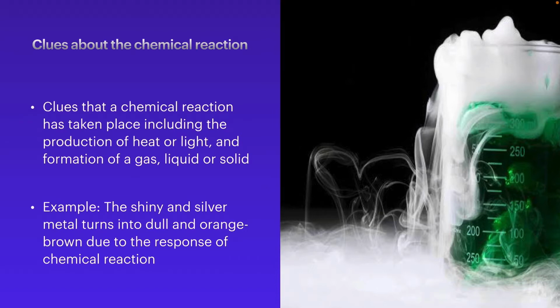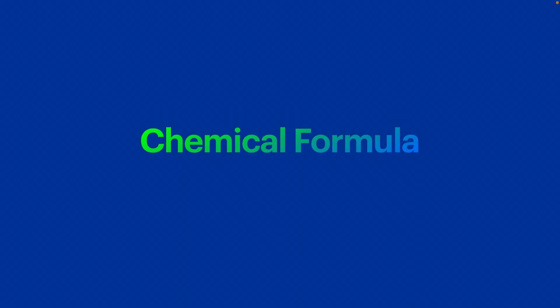Like the shiny and silver metal, like the chain that you use for any equipment, it's shiny and silver at first when it's brand new, but over time, after 5 years or so, it's going to turn dull and orange-brown because of the chemical reaction, which means it's not going to feel smooth anymore. It's going to feel kind of rusty and dull after all those years. It's just a matter of time after you use stuff. It's like wear and tear.